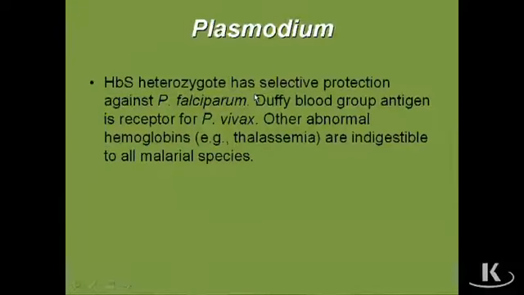The Duffy blood group antigen is actually the receptor for Plasmodium vivax. And the last point I want to mention is individuals that have abnormal hemoglobins, as in the case of thalassemias, are also incapable of getting a malarial infection, which is why, again, that is maintained in the genetic population, because it does offer a selective advantage.